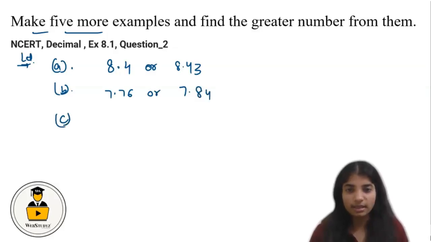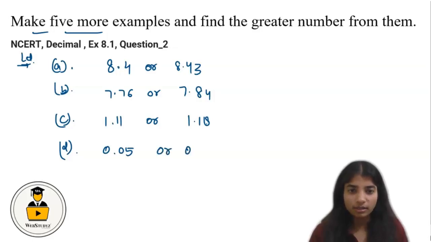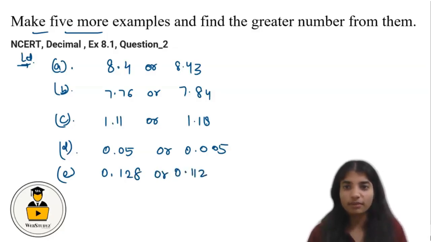Let C be 1.11 or 1.10. Let D be, we have to make 5 examples, D is 0.05 or 0.005. Let E be 0.128 or 0.112. So let's say these are our 5 examples, and out of these we have to find out which number is greater.